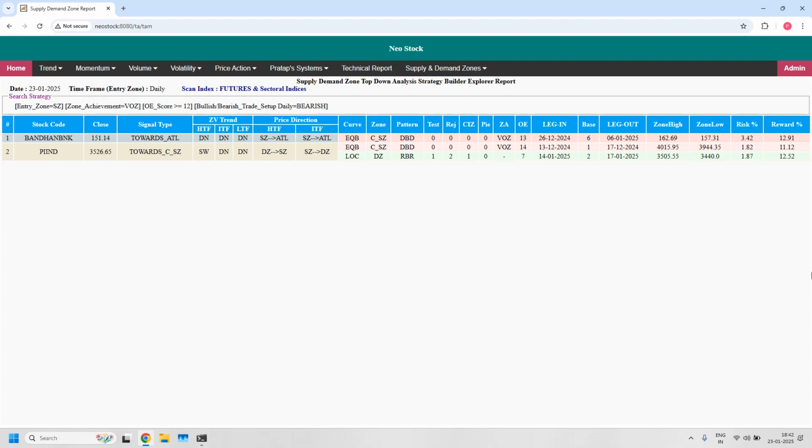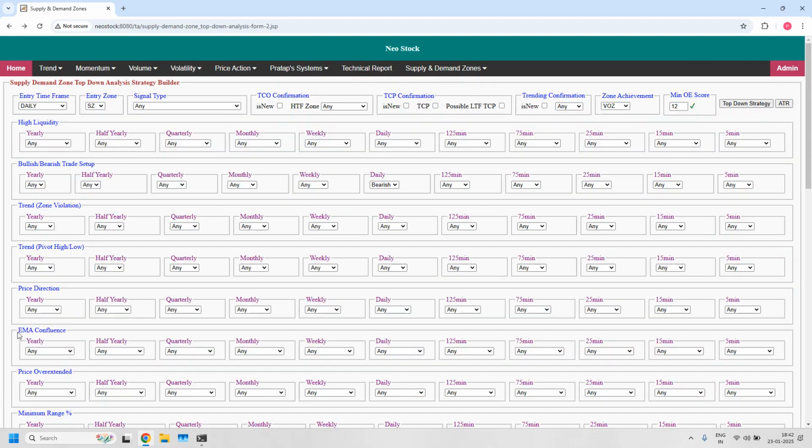And these 2 stocks are supporting bearish trade setup for monthly income trade. Entry zones are daily supply zones. Out of these daily supply zones, both are high liquidity zones. Apart from that, we will also check whether any of these stocks are having zone confluence. First filter is LTF, ITF supply zone confluence.